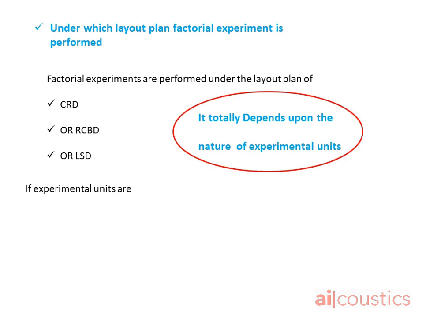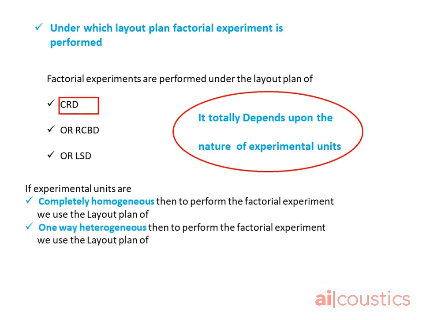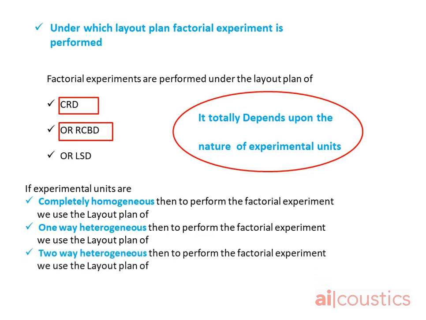If experimental units are completely homogeneous, then to perform the factorial experiment, we use the layout plan of CRD. And if experimental units are one-way heterogeneous, then we use the layout plan of RCBD. And when experimental units are two-way heterogeneous, then we use the layout plan of LSD.